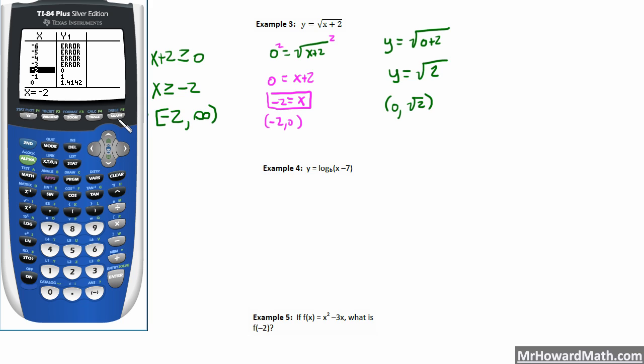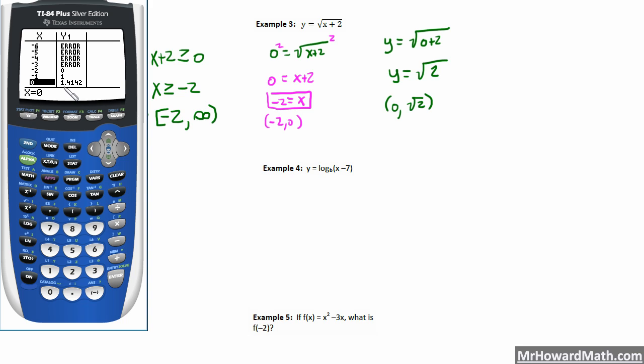Okay, and our y-intercept, we can see that that's somewhere between 1 and 2, so we're not going to mess with that in our calculator here, but we can see approximately the square root of 2 is between 1 and 2 right here. Alright, so let's move on to the next example.